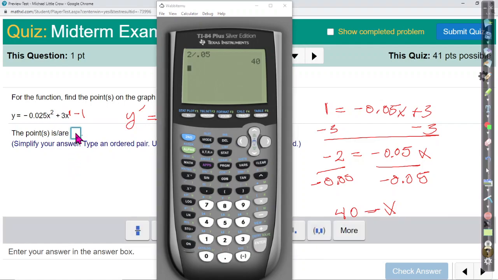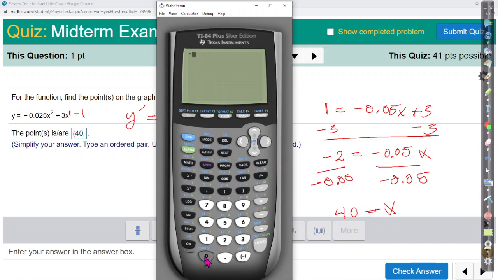Okay, so I'll show you. We're getting the first coordinate, 40, the x coordinate. Now we need to plug into this formula. Let's clear this out. So that's actually negative, right?